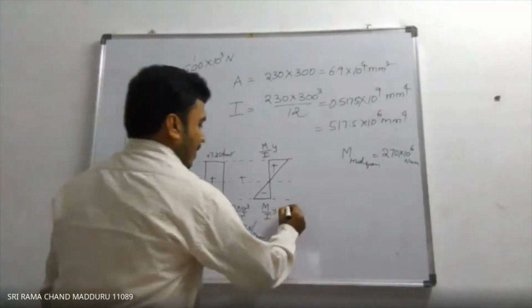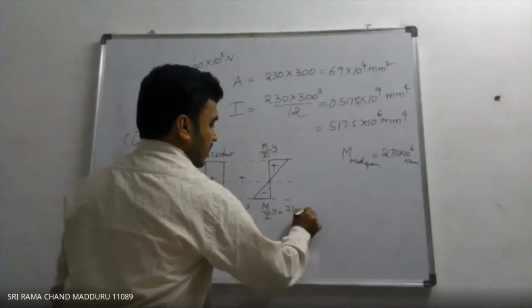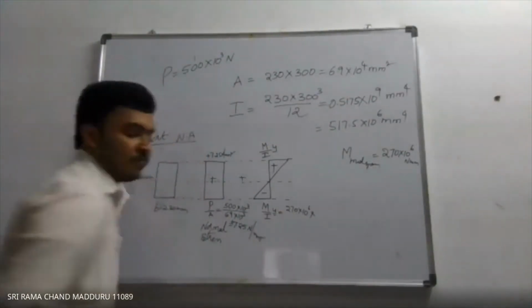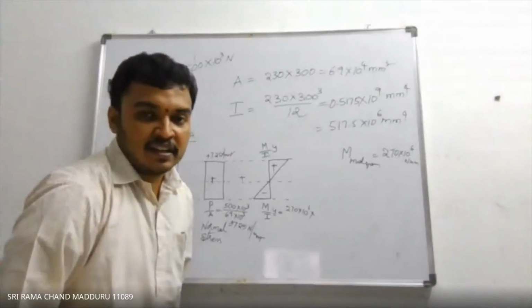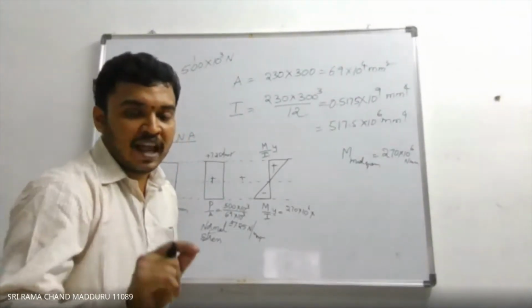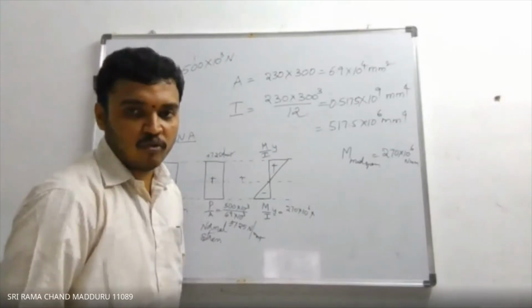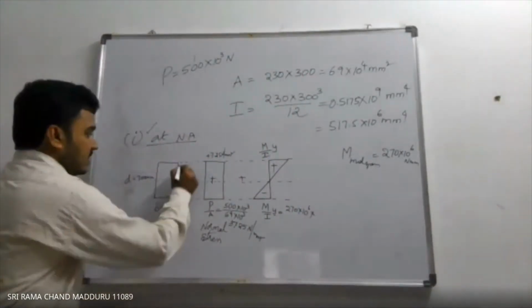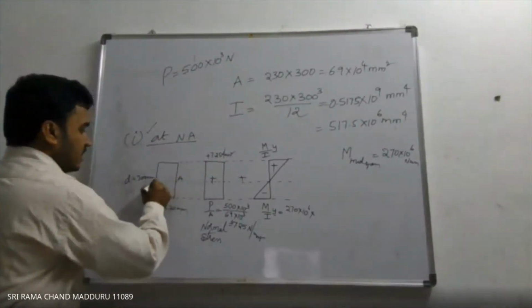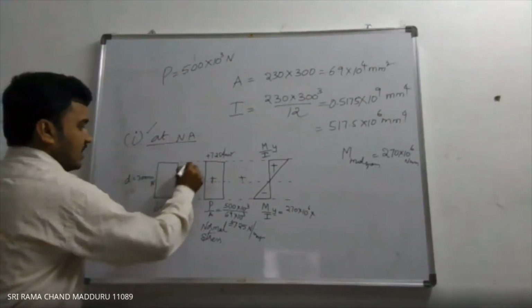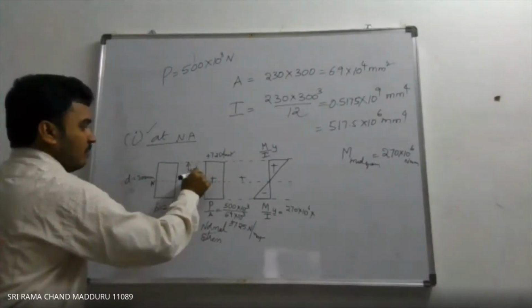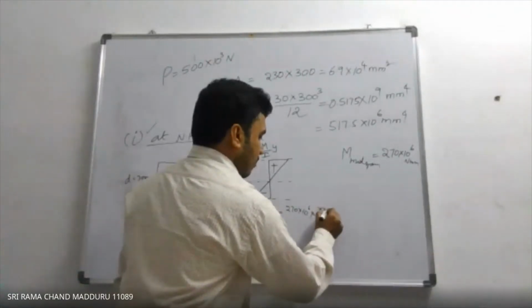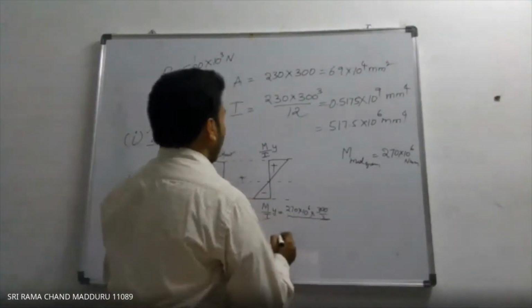So substitute the values: 270 into 10 power 6 into Y. Now understand what is meant by Y. Y is the distance from neutral axis to the extreme fiber, as in our Rankine's formula. Here it is a rectangular beam, so Y will become D by 2, so this is 300 by 2, divided by I. What is I?